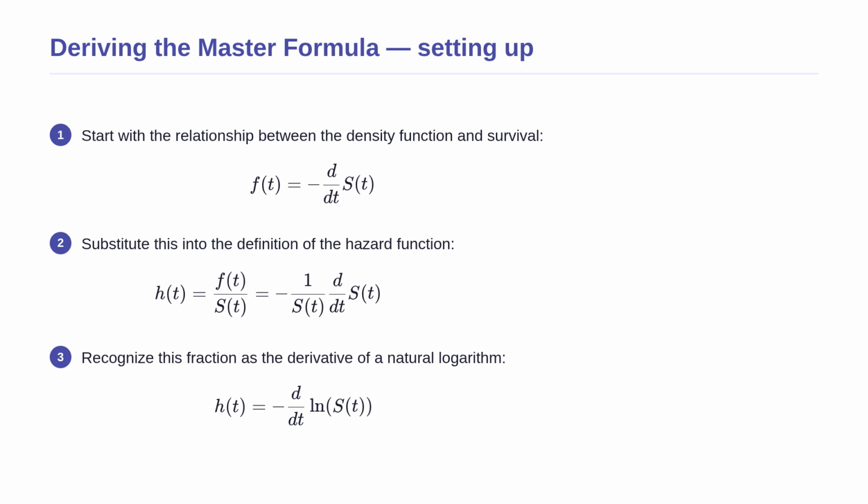We substitute this derivative into our original hazard function definition. This gives us negative 1 over S of t times the derivative of S of t. In calculus, this specific fraction format perfectly matches the chain rule for the derivative of a natural logarithm. So the hazard function is exactly the negative rate of change of the log of survival.